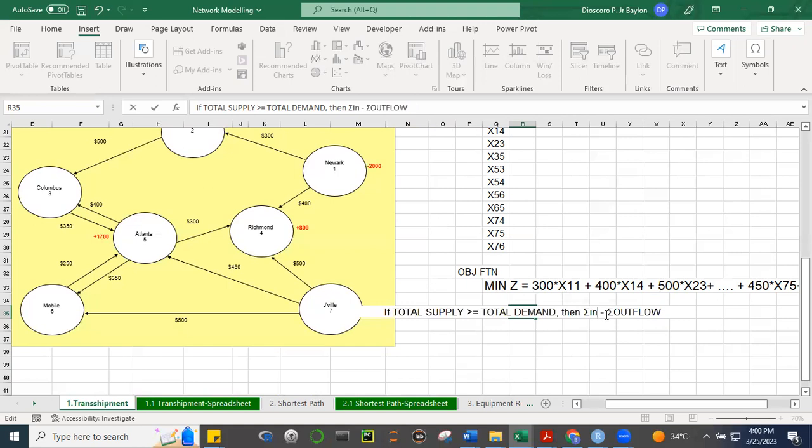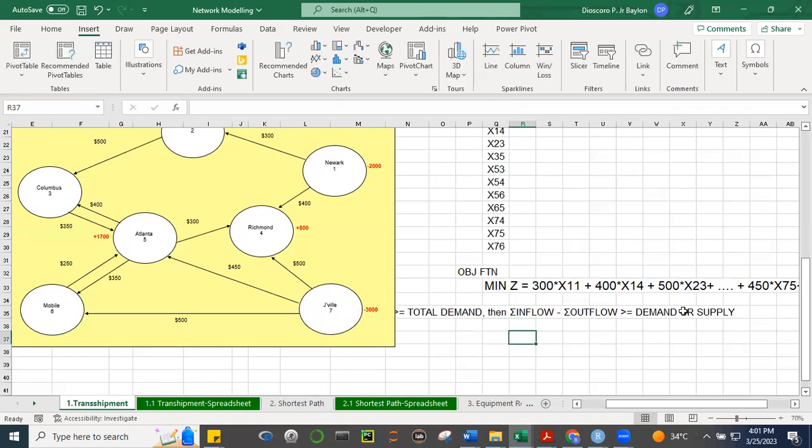This is inflow minus outflow, and it's also greater than or equal to your total demand or supply. Okay, take a look at that formula first.